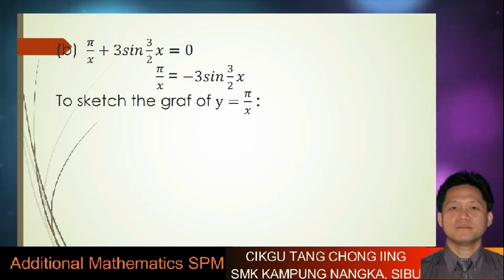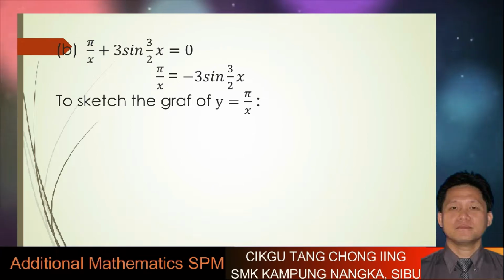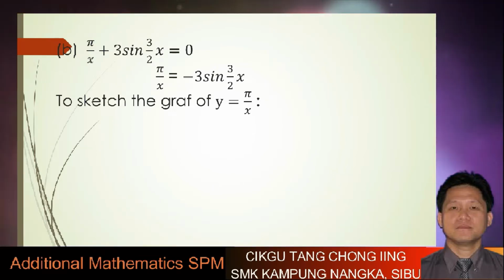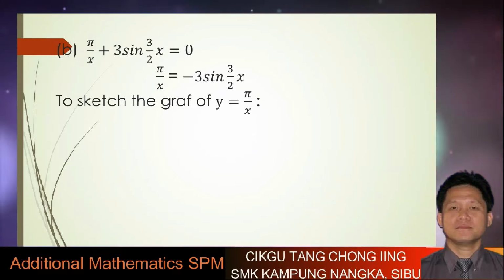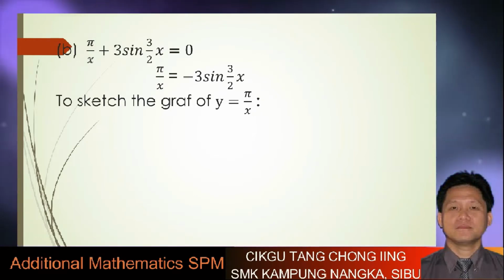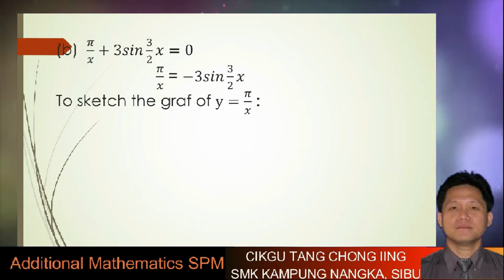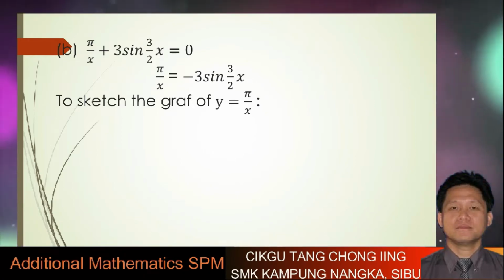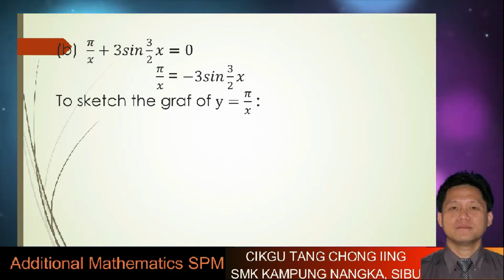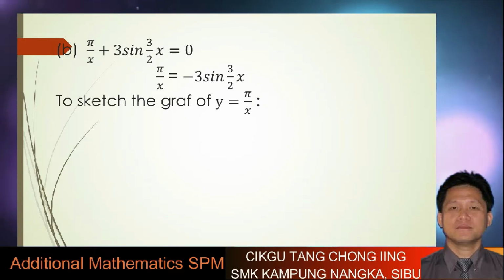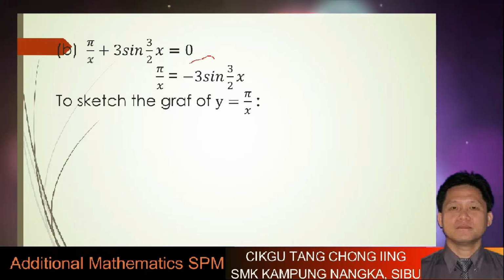Now, if we are given pi/x plus 3 sine 3/2 x equal to 0 like this, then you have to remember in A we have drawn y equals -3 sine 3/2 x. So we have to try to get this -3 sine 3/2 x. For this question, it is quite simple. We just bring this 3 sine 3/2 x to the right, then you have this already. You see here?